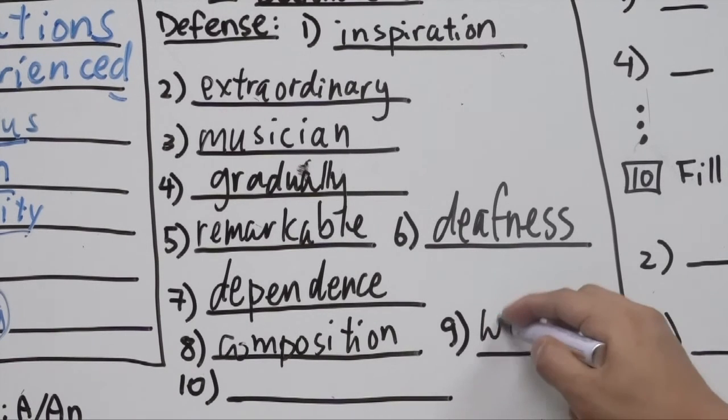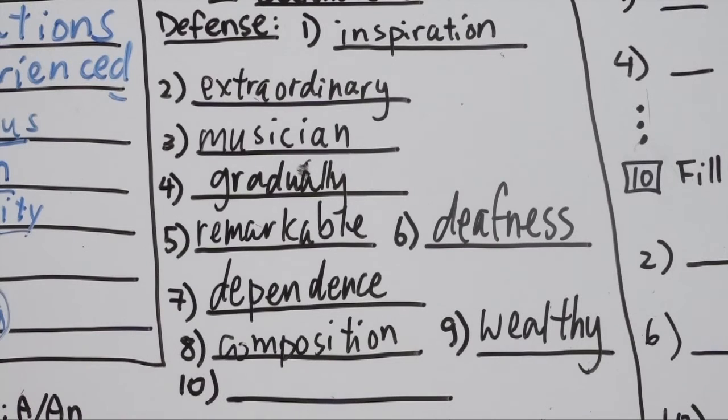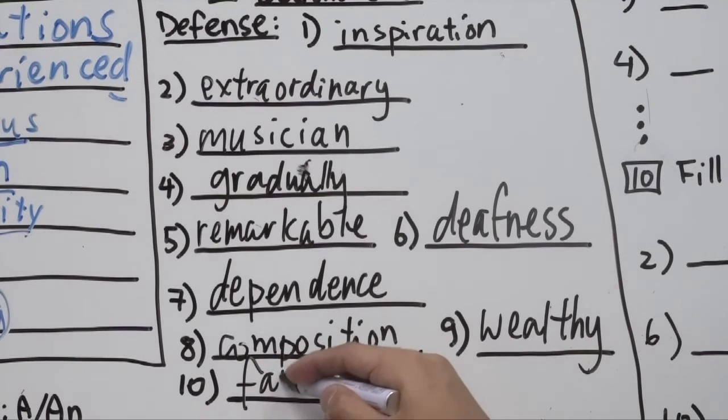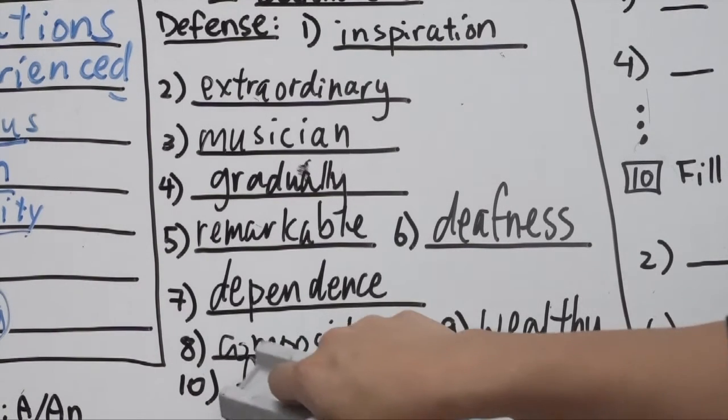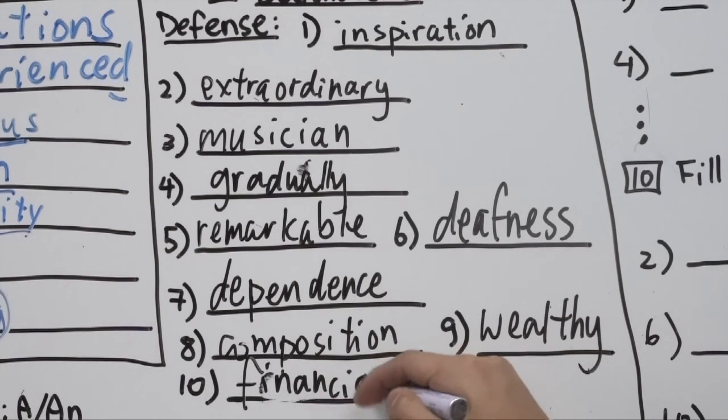Wealth becomes wealthy. Right? Noun to adjective. And then lastly, finance, to provide him with finance support, financial, about money, right? Finance. Should be letter I. Financial support. Okay? Financial support.